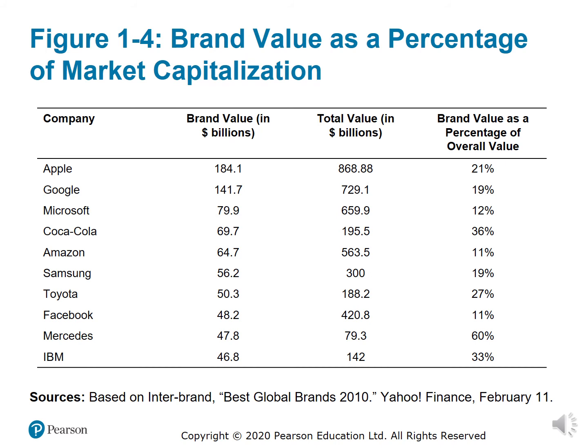이 증권시장에서 그 종목의 총 주식수와 주가를 곱해서 만든 거죠. 그래서 이걸 시가총액이라고 그러죠. Apple 868 billion. Google 729 billion. Microsoft, Coca-Cola, Amazon, Samsung, Toyota, Facebook, Mercedes, IBM. This is based on Interbrand Best Global Brands 2010. It's a long time ago.